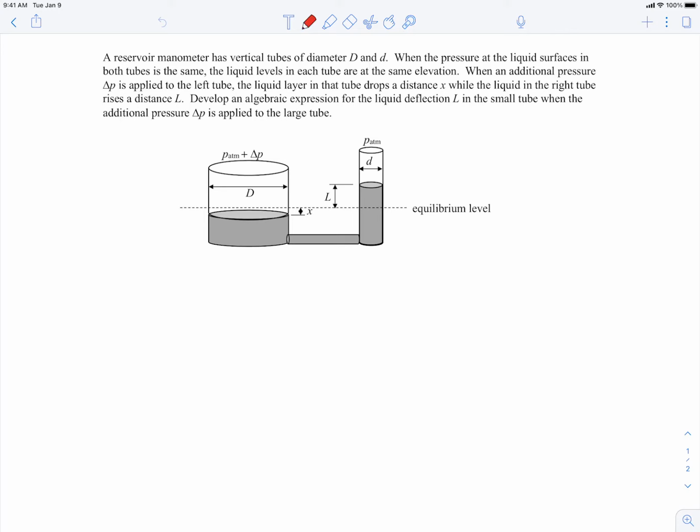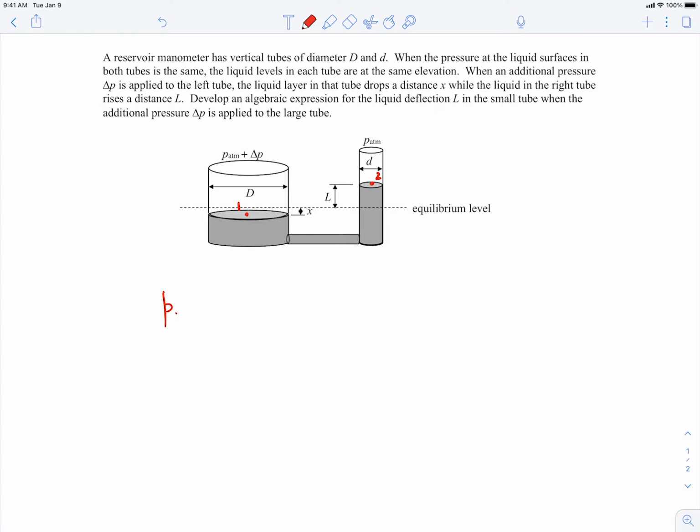Okay, so this will be a matter of analyzing this manometer using hydrostatic pressure relations. So let's go ahead and work our way around. We'll find the pressure at this point, which I'll call point 2, starting with the pressure at 1.